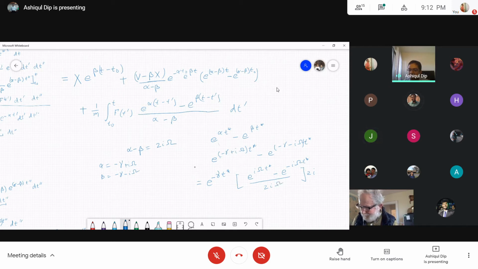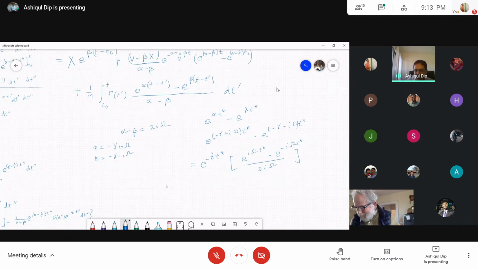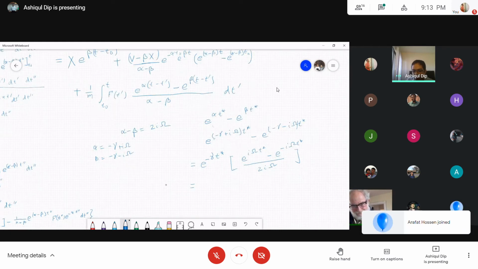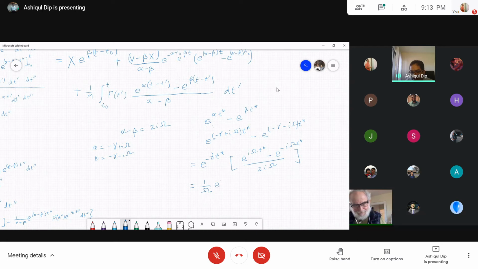So already 2i omega, so we need not add that, right? Due to that alpha minus beta, we are a little bit lucky. So it has become 1 over omega e to the power negative gamma t star, and then this thing becomes sine omega t star.